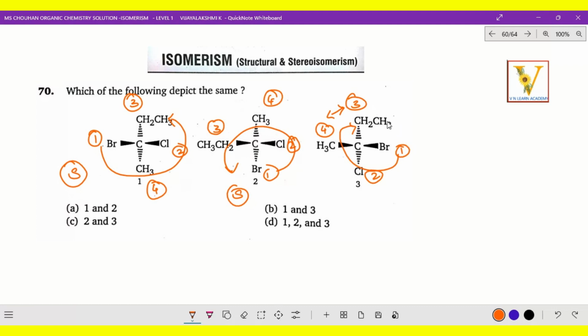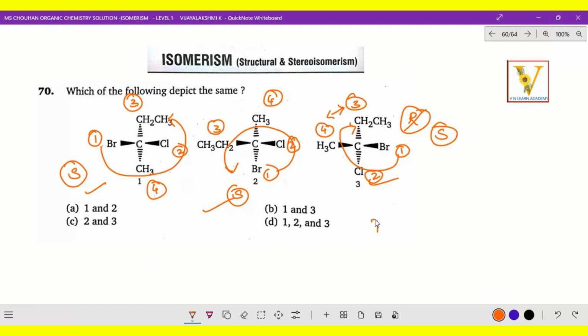So it is clockwise, R, but after changing the interchange, everything is anti-clockwise only. So all three are the same, with the same molecular formula and the same configuration.